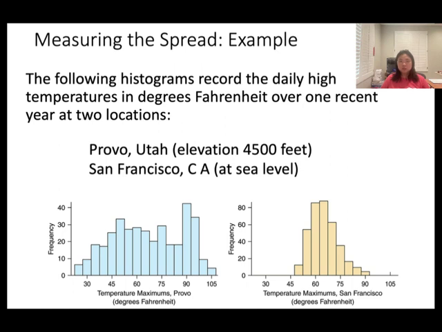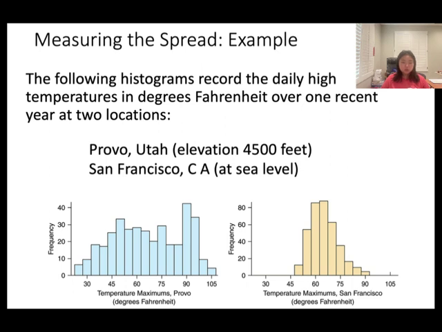So let's look at this example. The following histograms record the daily high temperatures in degrees Fahrenheit over one recent year at 2 locations. So you could see this is the temperature in Provo, Utah, and this is the temperature in San Francisco.